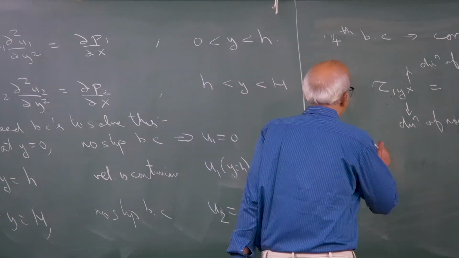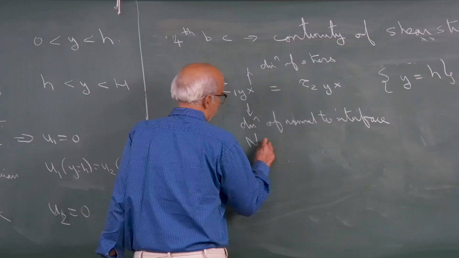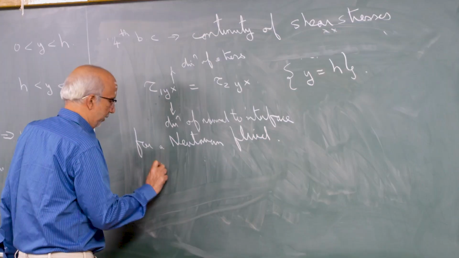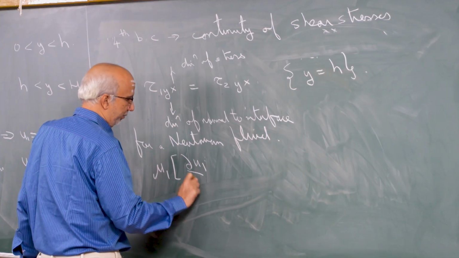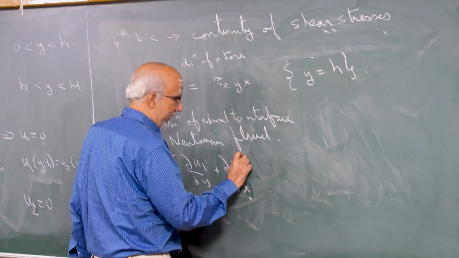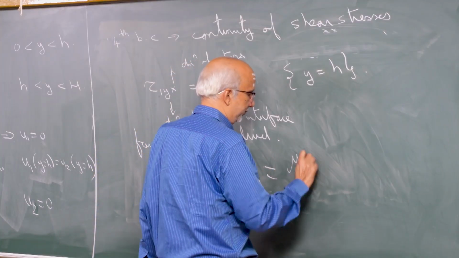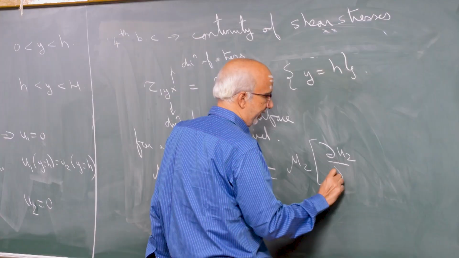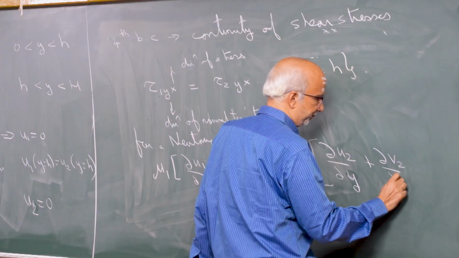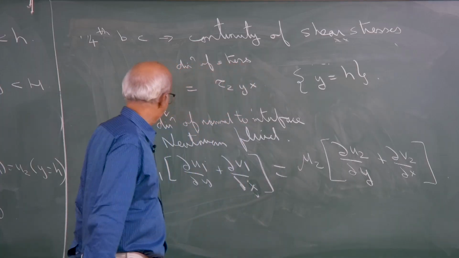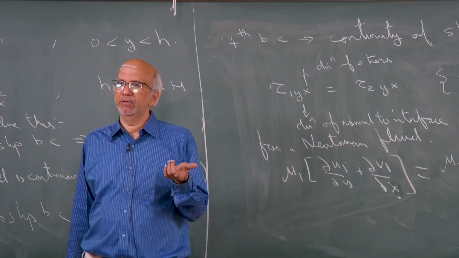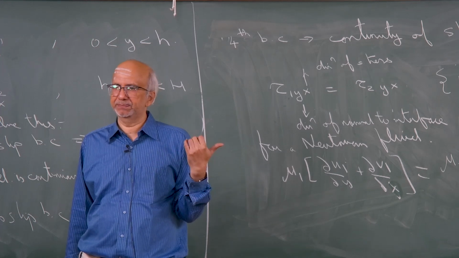So, this becomes, for a Newtonian fluid, mu1 (du1 by dy plus dv1 by dx), and we will derive how this comes later, equals mu2 (du2 by dy plus dv2 by dx). This is the relationship between the velocity gradient and the shear stress.